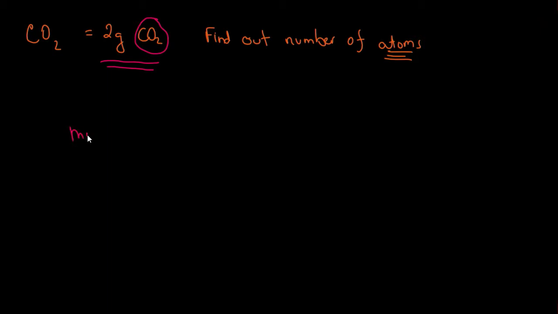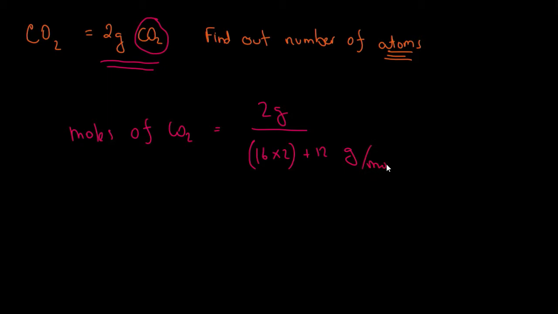So moles of CO2 is going to be the mass of CO2 divided by the molar mass of CO2, which is going to be 18 times 2 for the 2 oxygen. Oh no, it's going to be 16, sorry, excuse me. So it's going to be 16 times 2 plus 12 for the carbon. This is grams per mole.